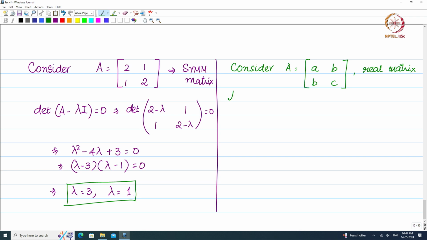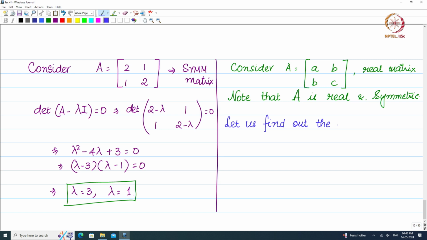Note that A is real and symmetric, right. Okay. Now, let us try to find out the eigenvalues of this particular matrix A.